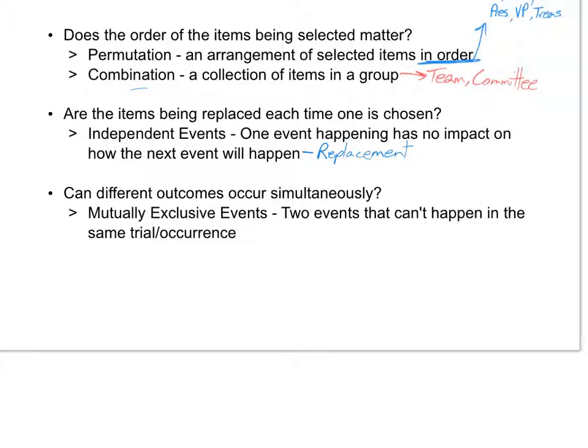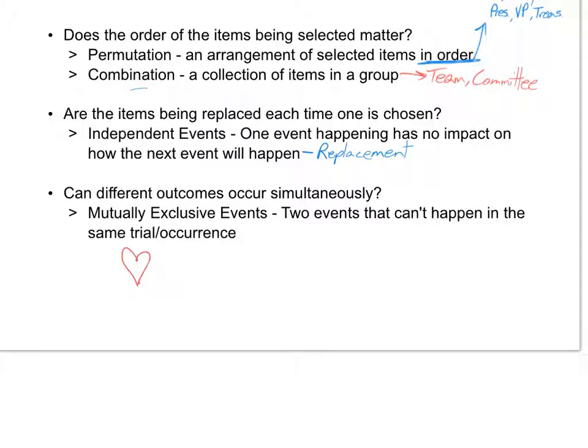Now, another concept that we have to think about, the question we can ask ourselves is, can different outcomes occur simultaneously? You might say, well, how in the world could that happen? Well, let's think about this. Let's say that I was looking at my chances of drawing a heart.